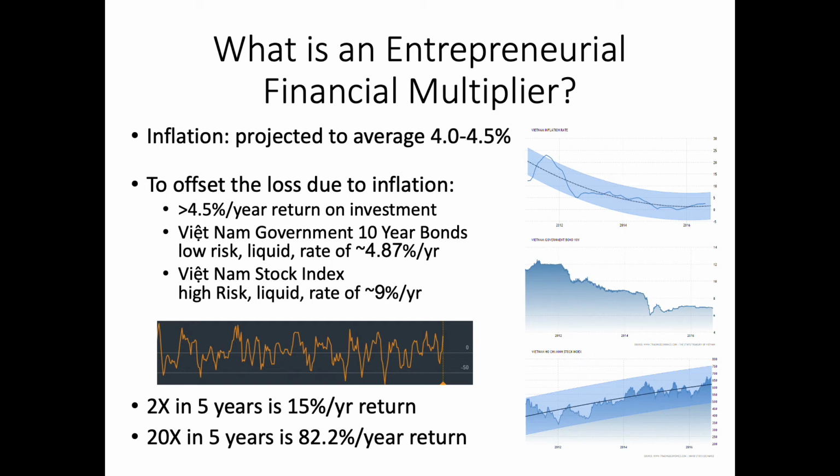And it's not only low risk, we can also sell the bonds at any time we want, so they're very liquid. It's almost like having cash in your hand, but it actually is better than cash because it provides more return on investment than inflation. Inflation just erodes the value of cash.